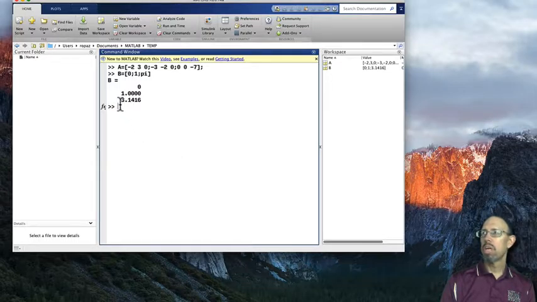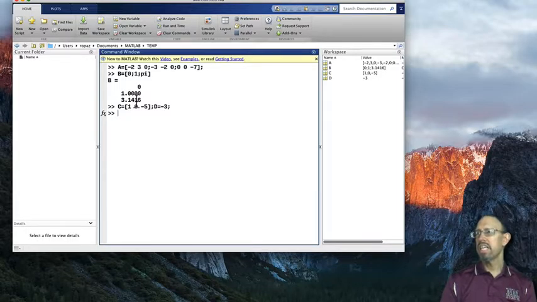So notice it gave me a numerical value for pi. Y is equal to 1, 0, minus 5. I'm sorry, that should be C. And D is equal to minus 3. Okay, so we've got A, B, C, and D.